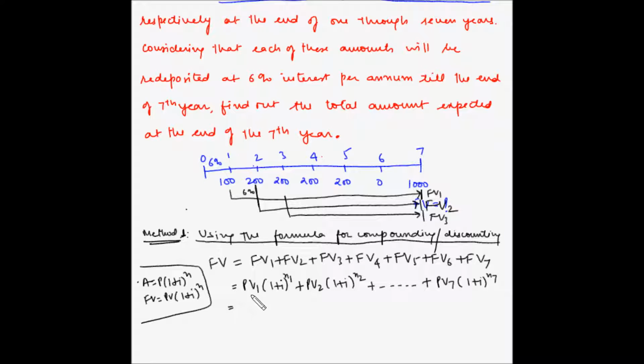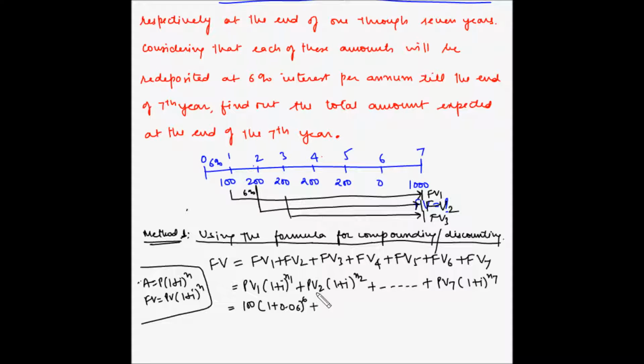So this is equal to PV1 is 100, so 100 into 1 plus 0.06 to the power 6, because this amount is being compounded for 6 years: 1, 2, 3, 4, 5 and 6 years. Plus, now PV2 is 200.